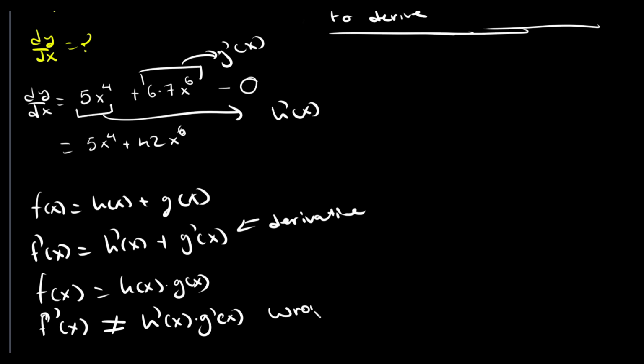This is completely wrong. For example, if you have 2x times e to the power of x, you can't just derive x and derive e to the power of x. By the way, e to the power of x, I want to show you guys that.